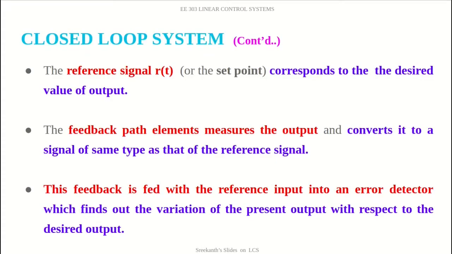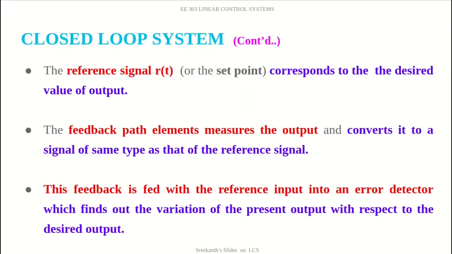The same points are being explained here. You can see that in the second point, the feedback path elements measure the output and convert it to a signal of the same type as that of the reference signal. That is the additional function of the feedback path elements.